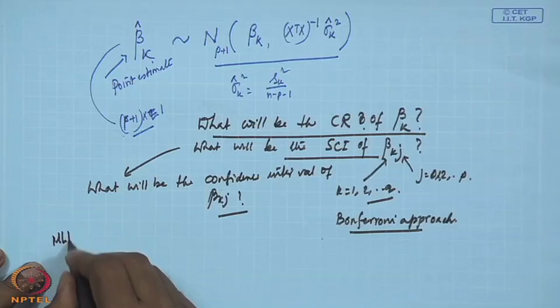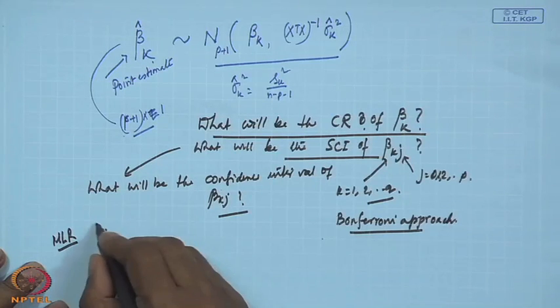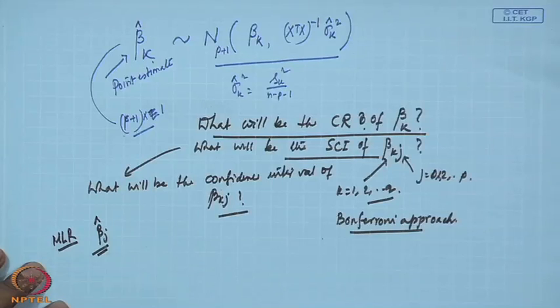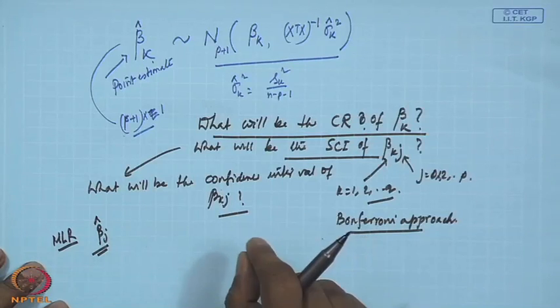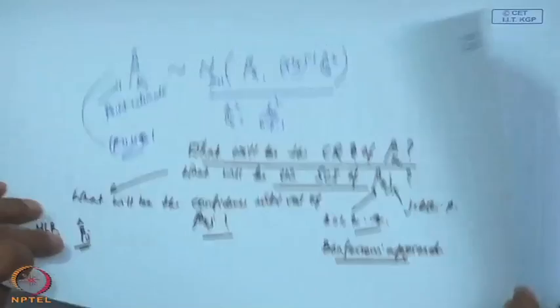In MLR we have discussed beta_j, and you have seen that beta_j-hat minus expected value of beta_j-hat divided by the standard error of beta_j-hat follows a t distribution. The same thing prevails here also.